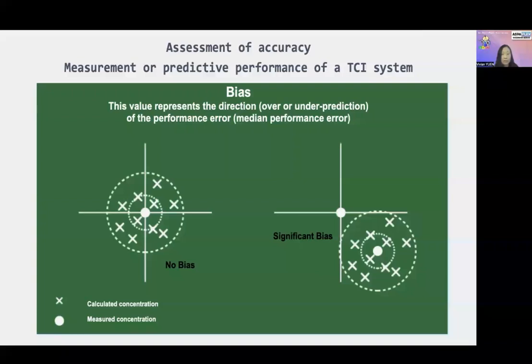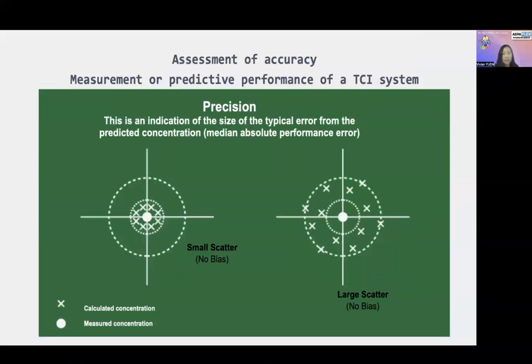This diagram illustrates on the left-hand side a model of less bias compared to the model on the right-hand side, where it is significantly biased because most of the estimated values are smaller than the actual measured values. This diagram also illustrates a model with good precision on the left-hand side and a model with not so good precision on the right-hand side.